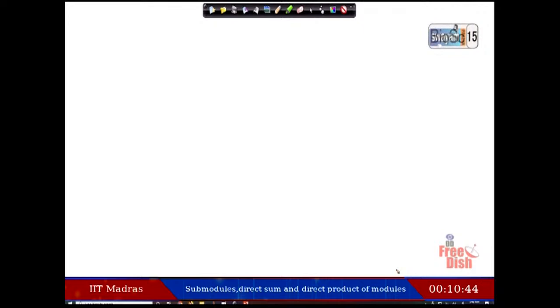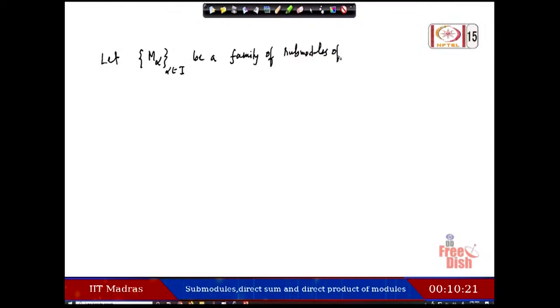Now let us come to the intersection of submodules. Let M_alpha, alpha belonging to some index set I, be a family of submodules of M, where M is a left R module.